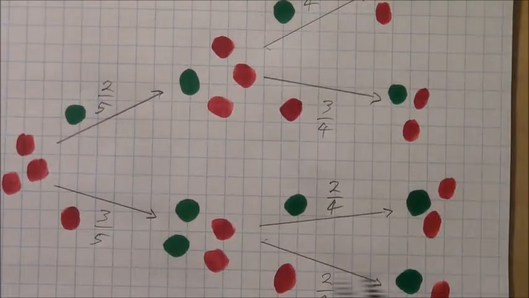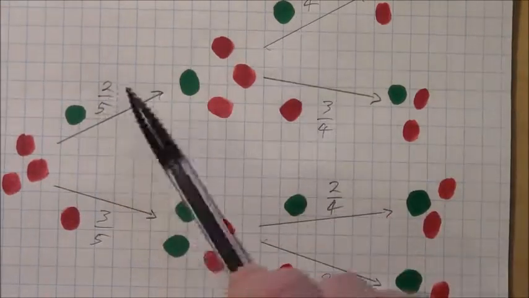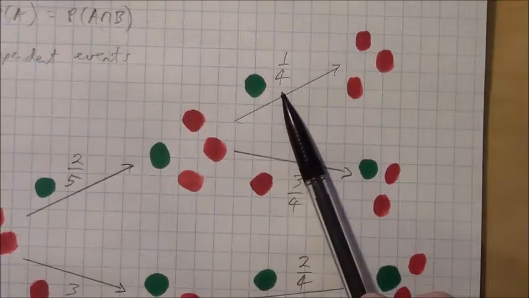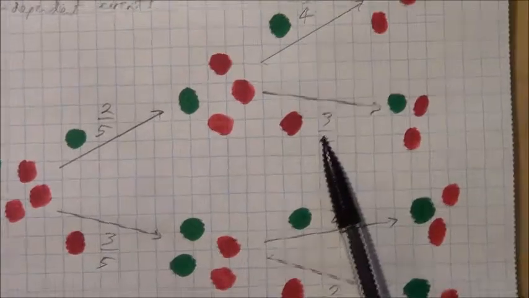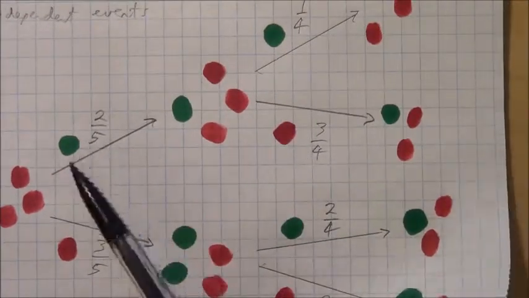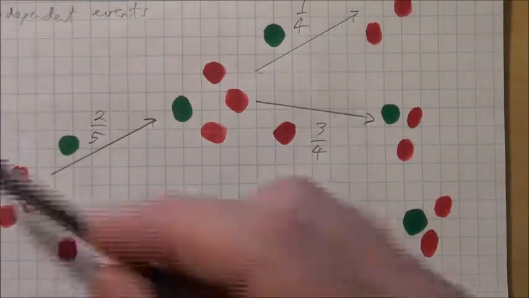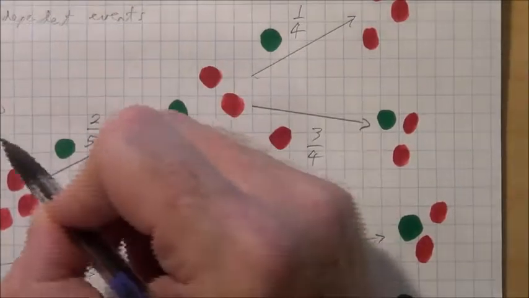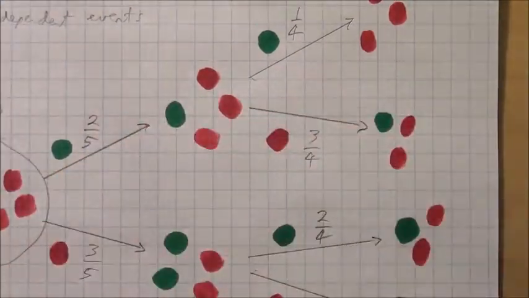Okay, so notice that the probability of choosing a green marble after choosing a green marble and not replacing it is now going to be 1 out of 4. The probability of choosing a red marble after choosing a green marble is going to be 3 out of 4. Even though we had 5 marbles to begin with inside this bag. Sorry, terrible drawing.